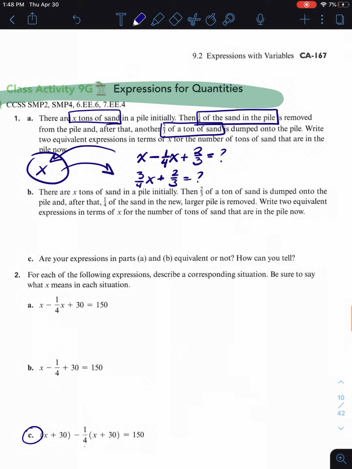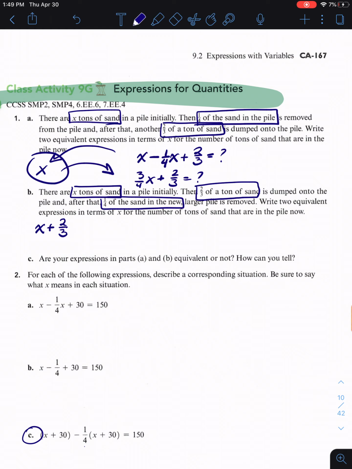There are X tons of sand in the pile, again, tons of sand. 2/3 of a ton of sand is dumped onto the pile, and after that, a quarter of the sand in the new large pile is removed. Again, two equivalent expressions. So we have X sand initially. Then 2/3 of a ton of sand is dumped onto the pile, so it's an add-to situation.